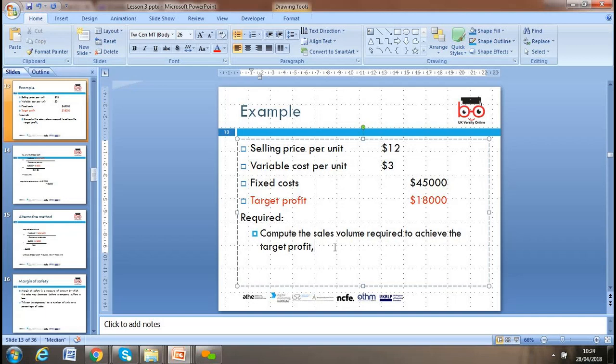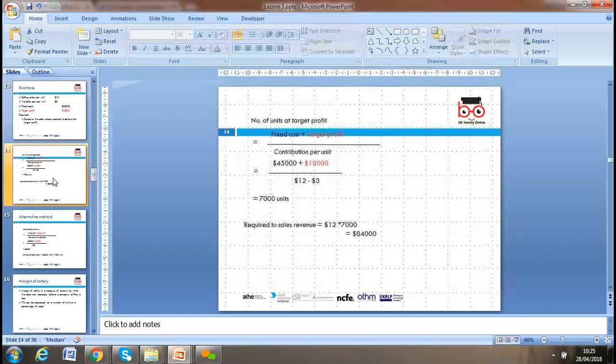It will definitely be higher than the 5,000 units. What will it be? 9,000? Okay, so now it's 7,000 units. 45 plus 18 divided by 9. Sorry, 7,000 units.